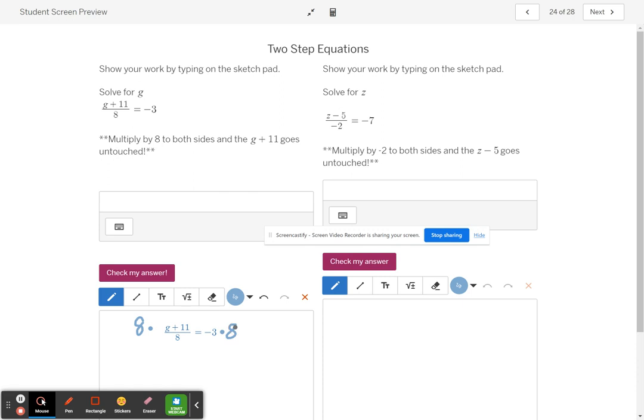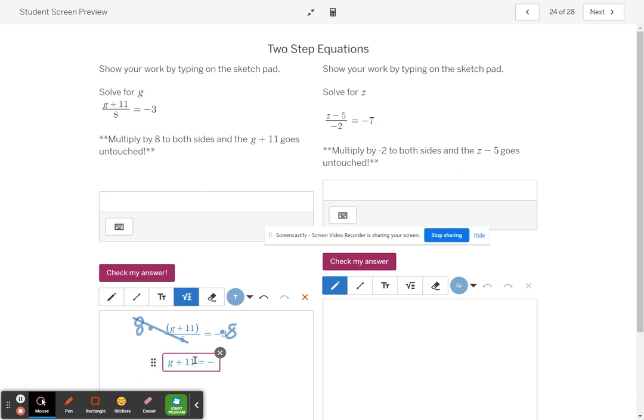Now I want you to look closely in this video. If you notice, I have an 8 now in the numerator, and it becomes a 1 total because 8 divided by 8 becomes 1. So notice I'm not doing anything with the G plus 11. It's kind of protected. In class, when we really get to these problems, you'll see me maybe even putting them in parentheses to ensure that you know not to touch them.